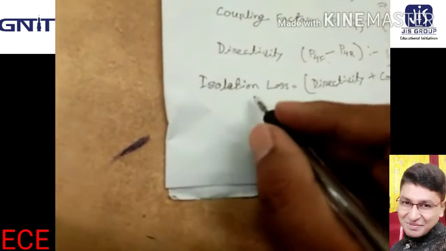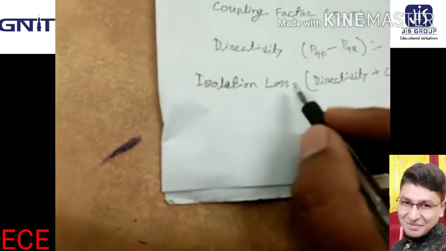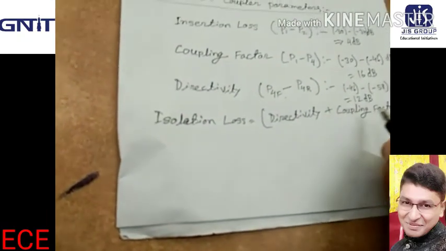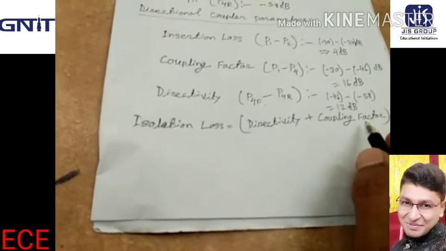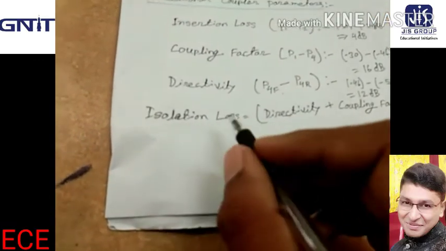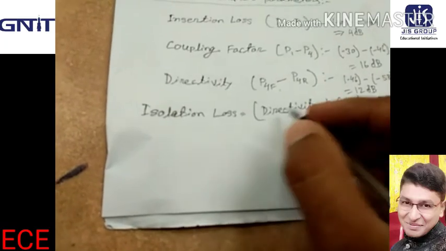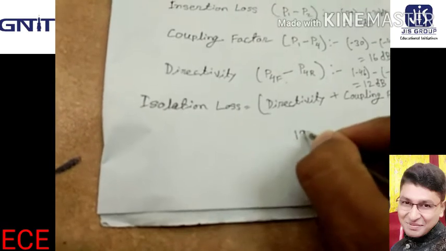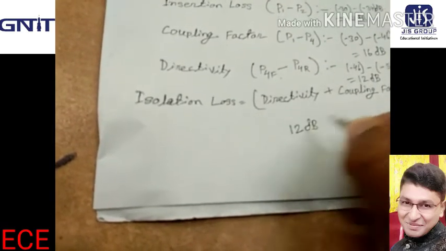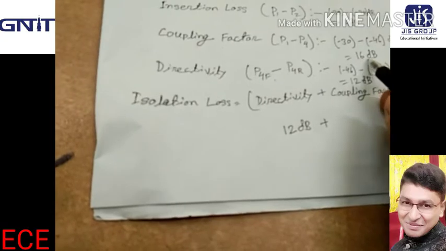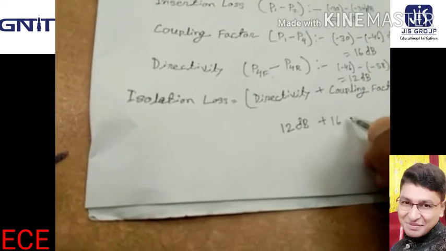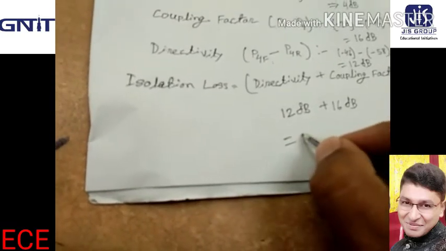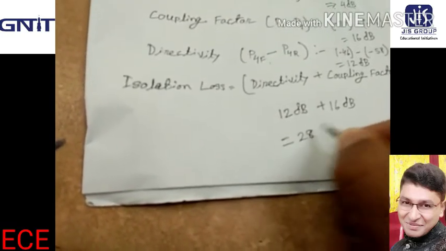And isolation loss is directivity plus coupling factor. Directivity plus coupling factor is equal to isolation loss. So directivity is 12 dB plus coupling factor is 16 dB, that is 28 dB.